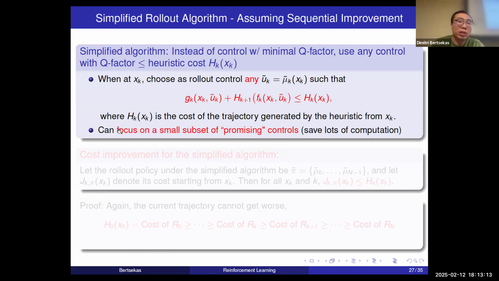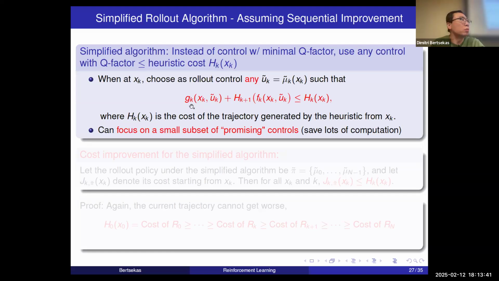As a result, we can focus on a small subset of promising controls. Suppose that at xk we have 10,000 controls to deal with. We may only look at 50 of them, which are the most promising ones according to some pre-computation, and only enumerate among those 50 promising ones.